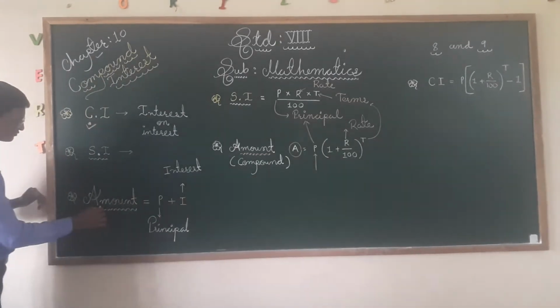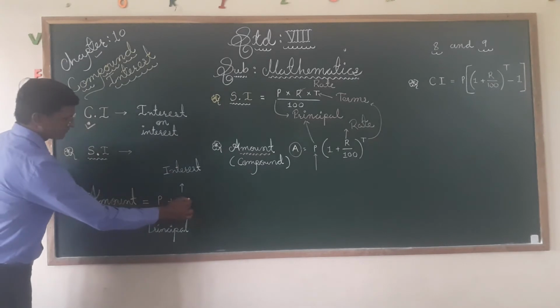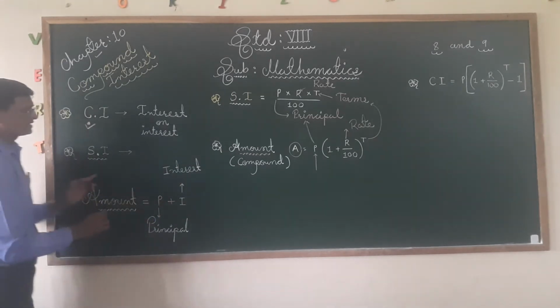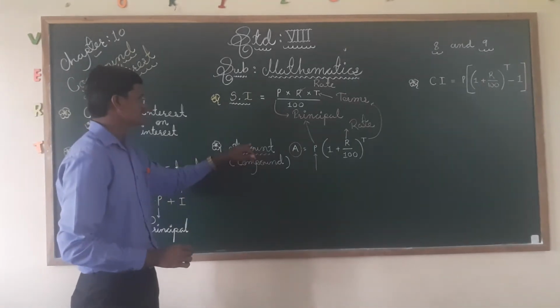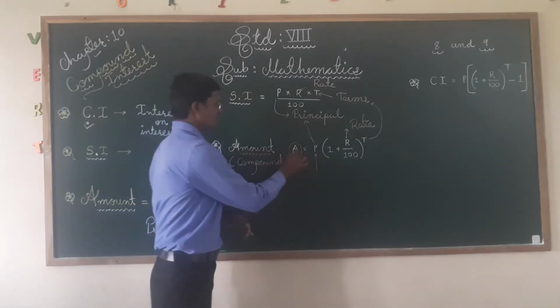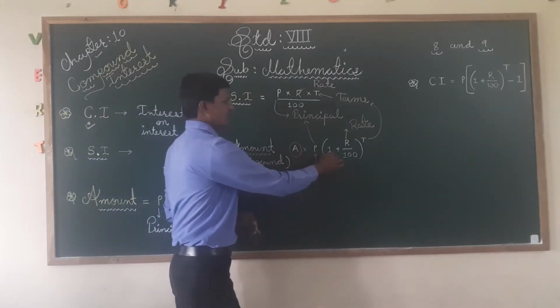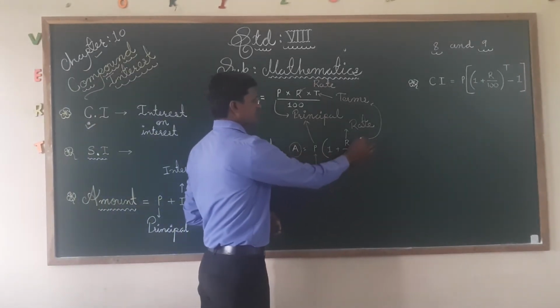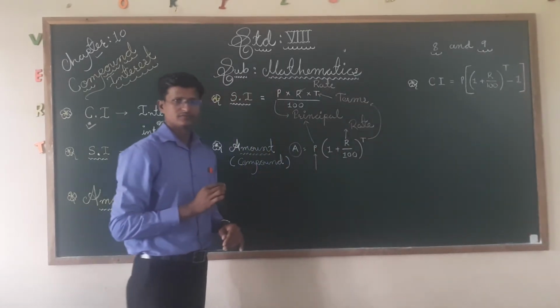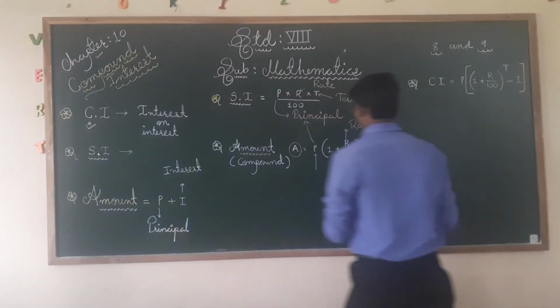In simple interest we do principal plus interest, that is the amount. But when we talk about compound interest, the amount is A equal to P times 1 plus R upon 100, whole to the T.